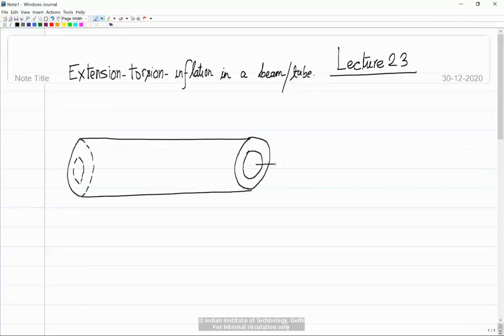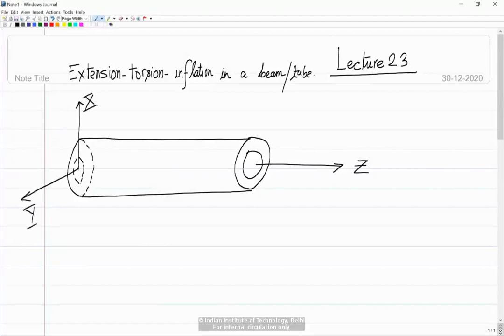And suppose that this is your z axis, and then you have x and y. So in order to extend a tube, we all know that we have to apply axial force to it.